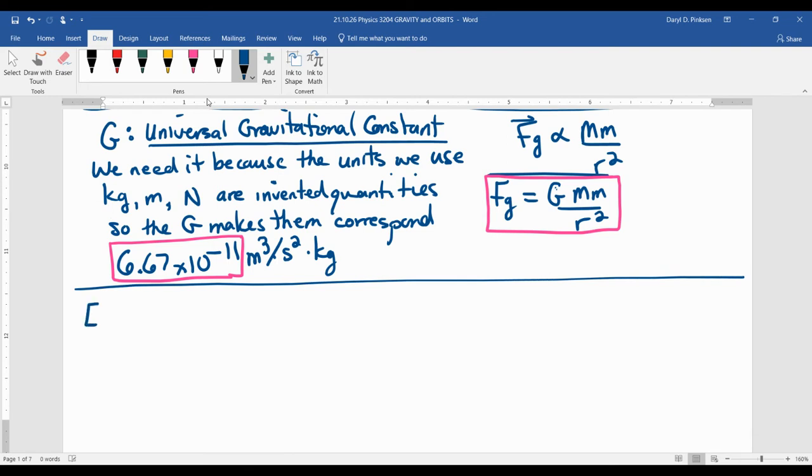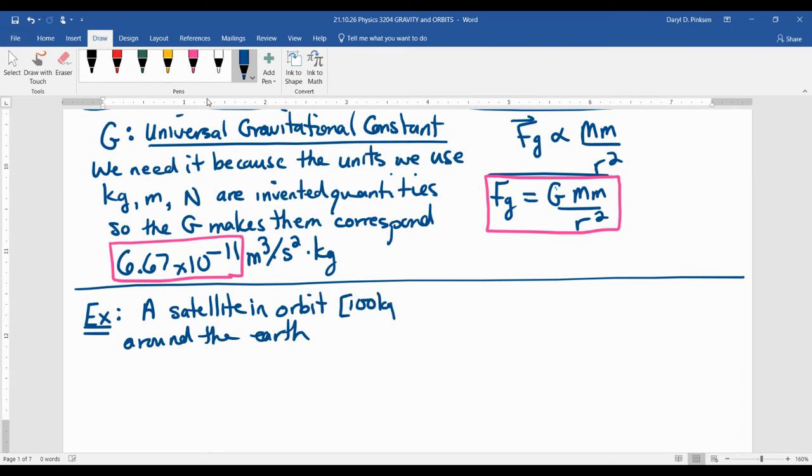Well, let's have a look at this. What if we have a satellite in orbit around the Earth, maybe that satellite is 100 kilograms, and the satellite's radius is, I don't know, maybe like 500 kilometers above the surface.